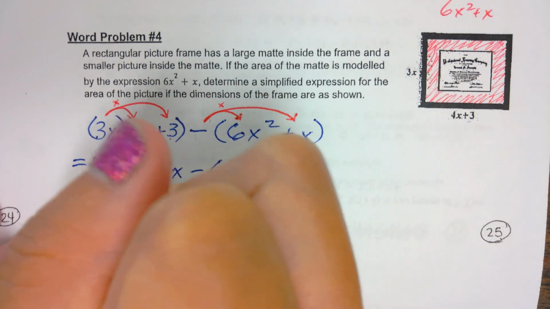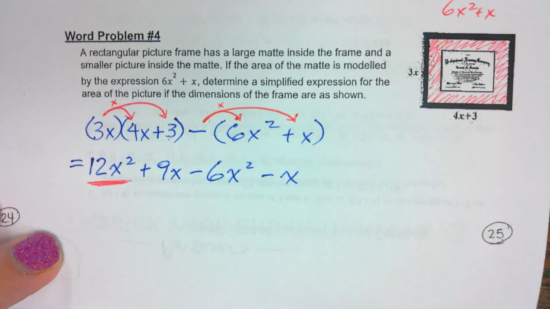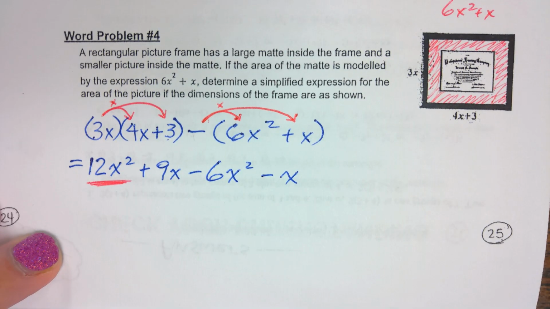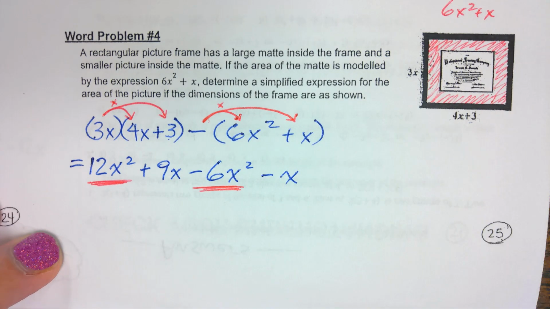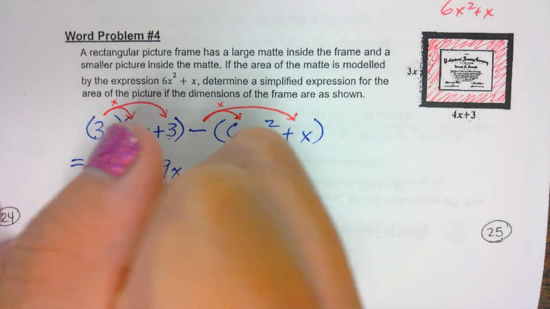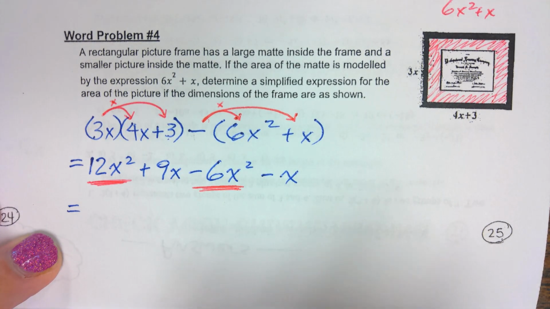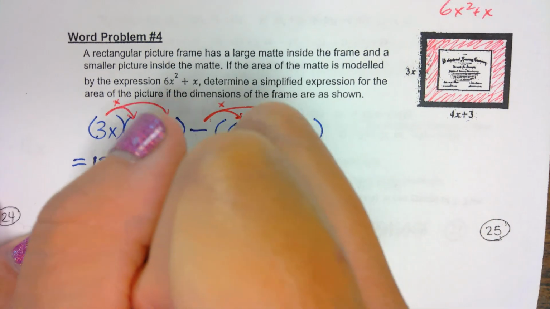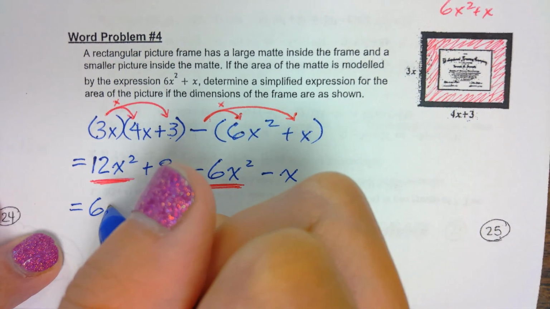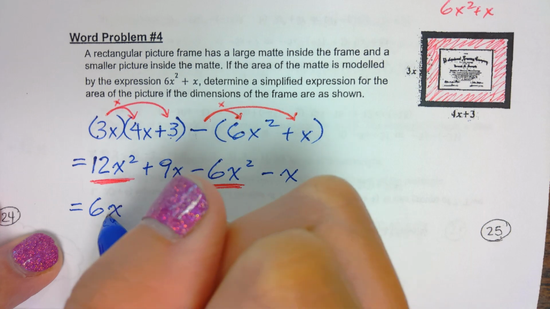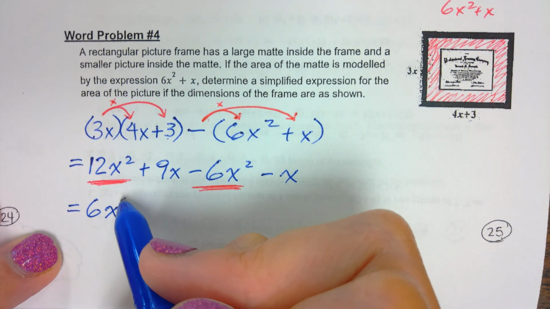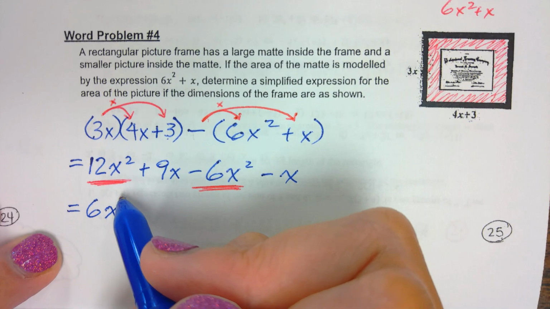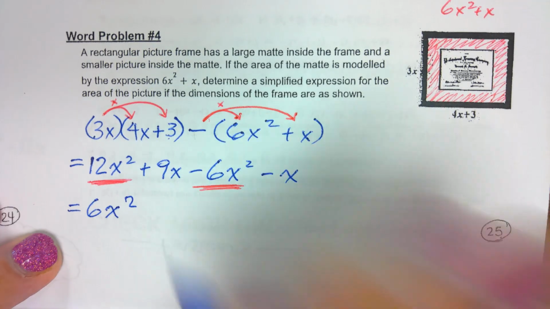Okay. Shagai, you're gonna help me group now. 12x squared. What goes with this 12x squared? Yeah, the negative 6x squared, because it's the same type. 12 minus 6. So 6 what? 6x. What's my exponent here? I'm just grouping, so square, right? Good.